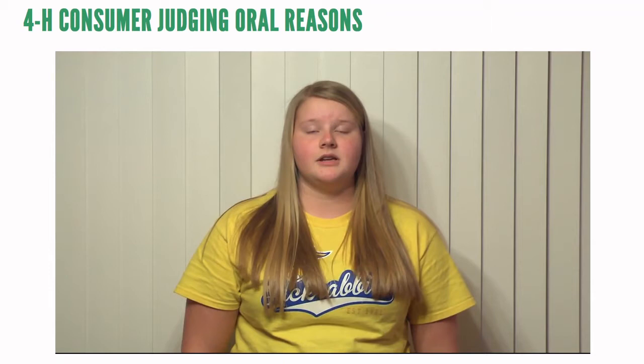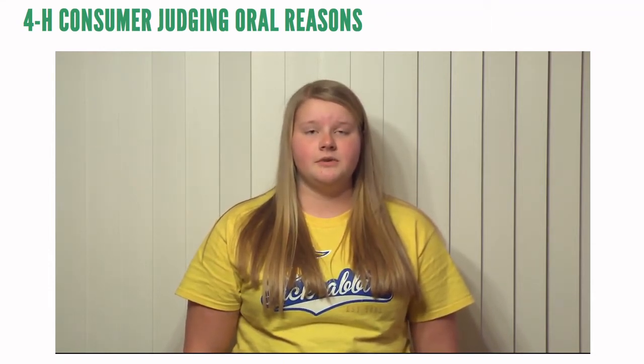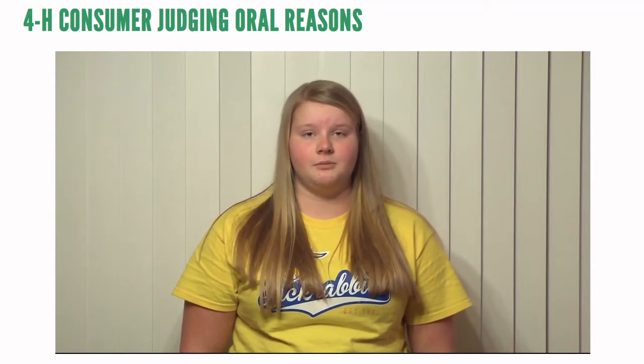In my middle pair today, I placed number 2, the Under Armour sports shirt, over number 3, the Nike sports shirt, because it cost $29.99. It was a fitted material, it had odor protection and sun protection. However, I do grant that number 3 had easier to care for instructions than number 2.